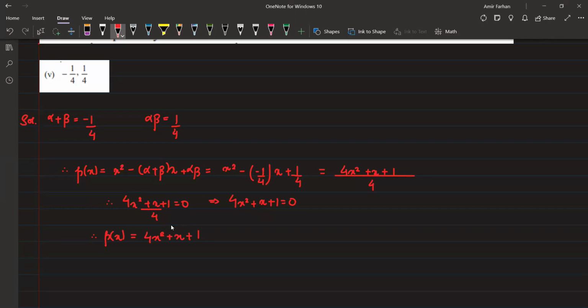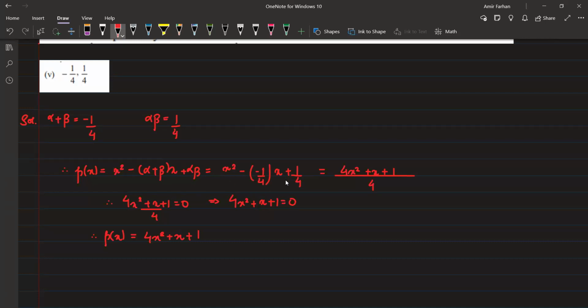Yes, Diana. I didn't understand how you divided it by 4. No, I have not divided it yet. I have taken the LCM, to simplify it, because it's not looking good.